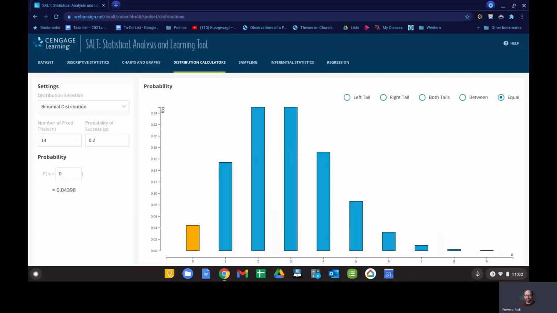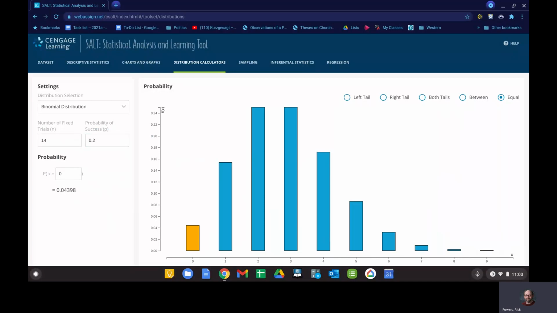So then if I say that that's my probability, it would be unusual. If I have 14 students, it would be unusual to only have 0 healthy ones, right? There's a 20% chance of being healthy that I would have 14 and absolutely none of them would be healthy. Well, it could happen.